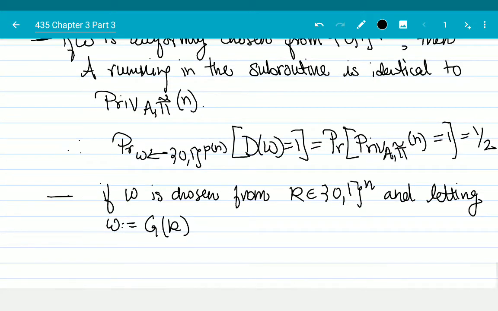Then this is the same as the experiment being conducted on a one-time pad of length n, right?